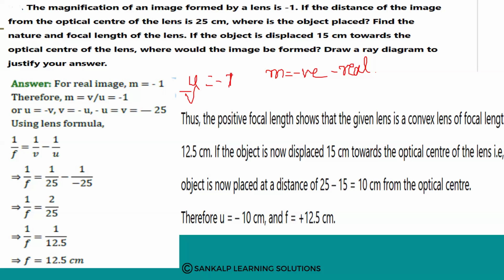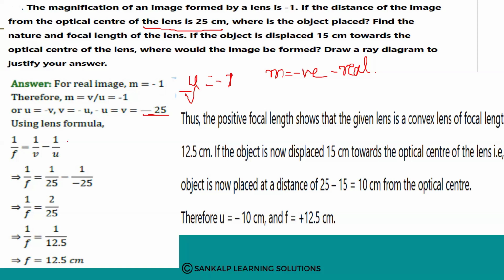The image distance they have given is 25 centimeter. So when the image is real, it is minus 25 centimeter.